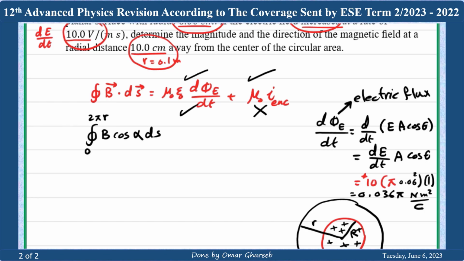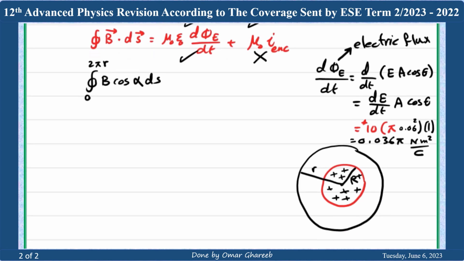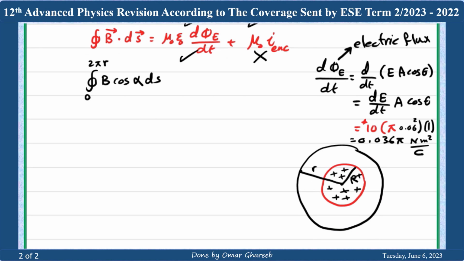It is r small, because the point I want to find is outside the capacitor, out here. So I will use small r, equals mu naught epsilon naught d phi E by dt.